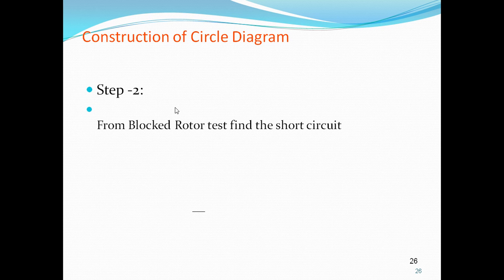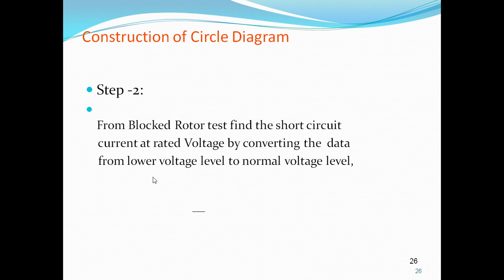Next, step 2: from the blocked rotor test find the short circuit current at normal voltage, that is ISN, by converting the data from lower voltage to normal voltage level, that is ISN is equal to ISC into V by VSC.